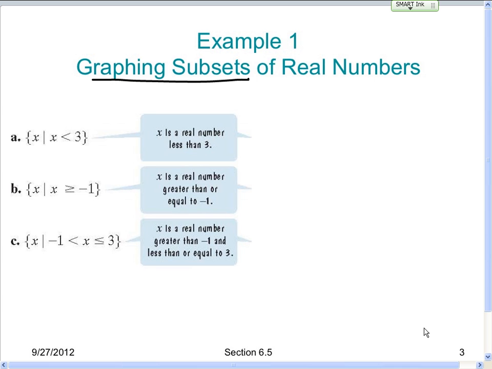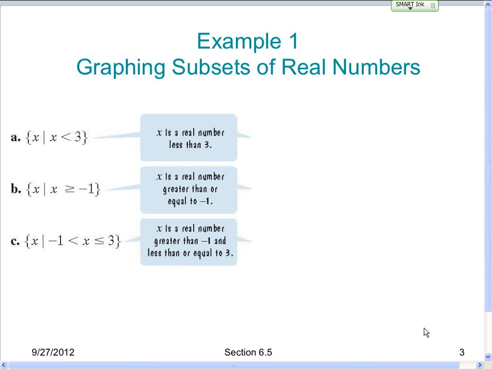Graphing. So let's suppose we have this. This is read, the set of all x such that x is less than 3. So one more time. The set of all x such that x is less than 3.